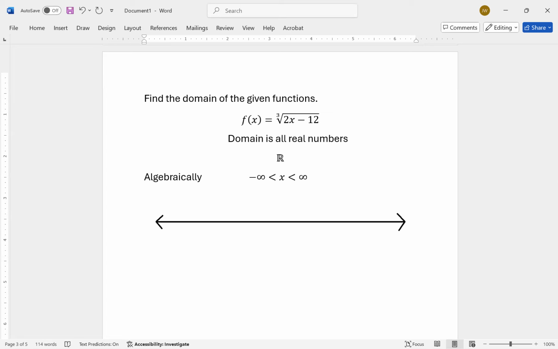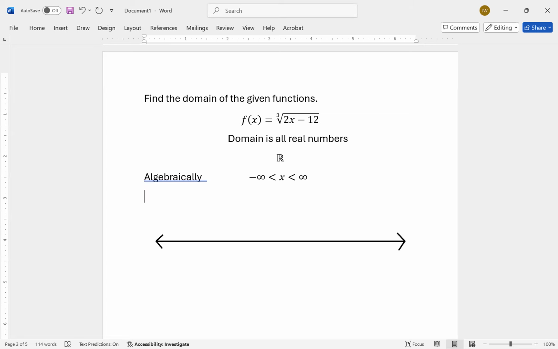All right. Now, that's just like the algebra equation way to write things. So algebraically, x is anywhere between negative infinity and positive infinity.